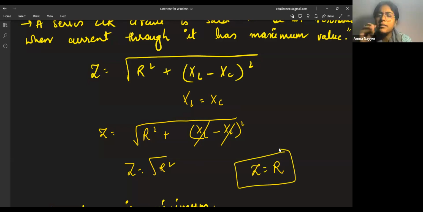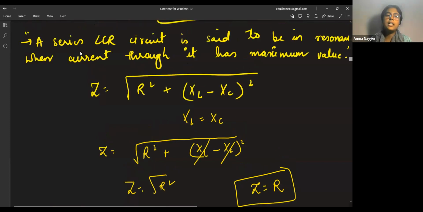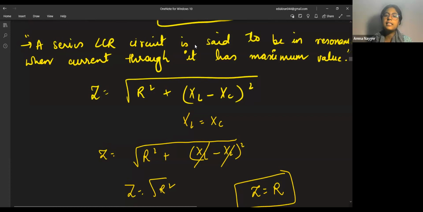Just whatever was the resistor's value in your series LCR circuit. If somehow your XL becomes equal to XC, the entire resistance just becomes exactly equal to the value of resistance over here. So what is meant by this? Series LCR circuit is said to be in resonance when current through it has maximum value.